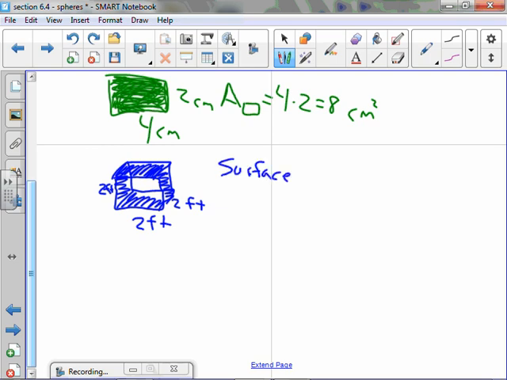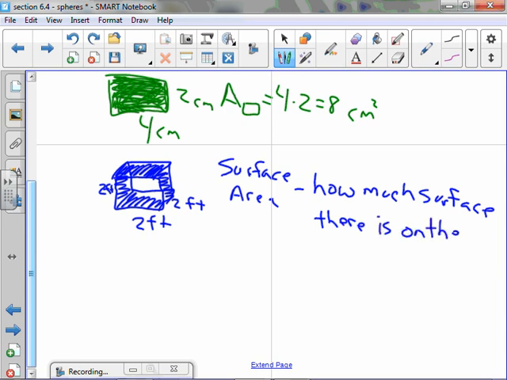Surface area, how much surface there is on the outside of a 3D figure.